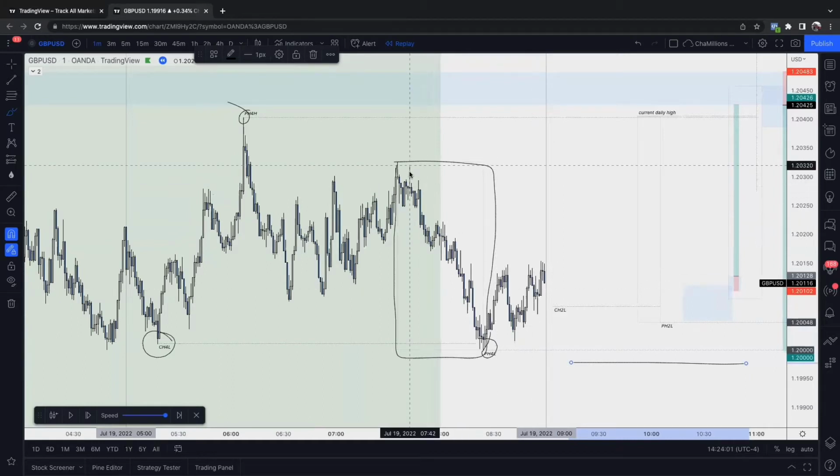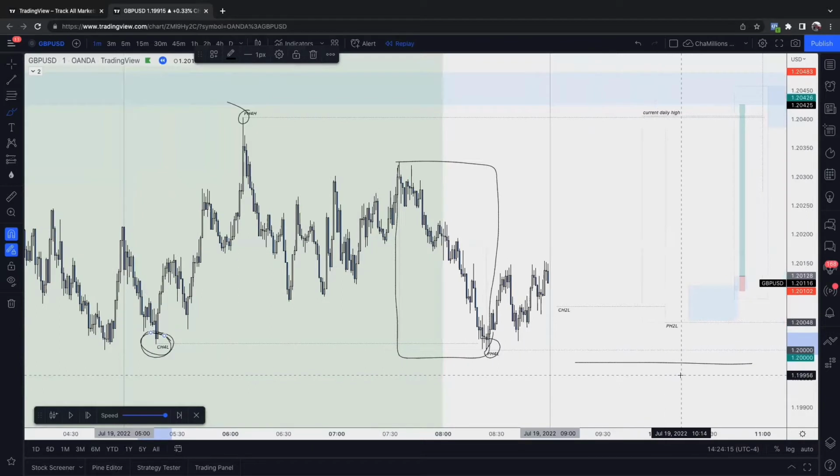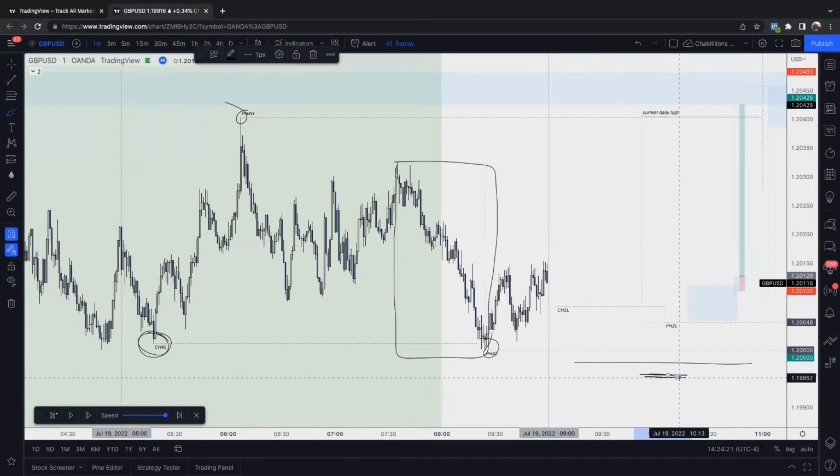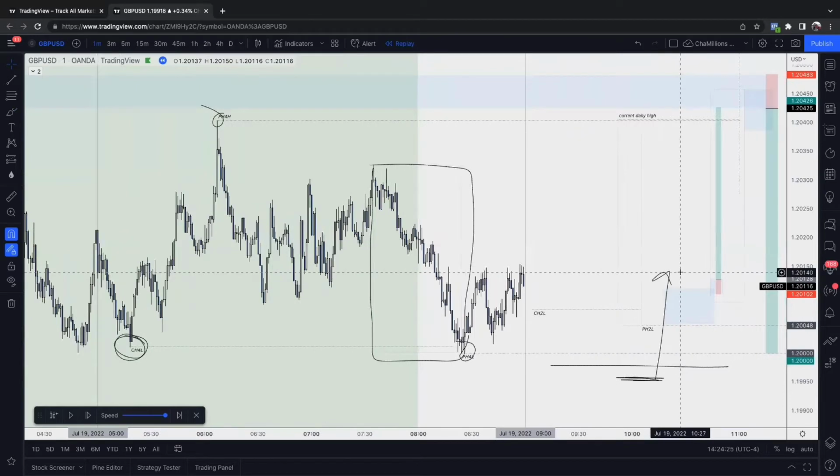Price trades down very inefficiently, and we go and sweep the current H4 low, right? Therefore, now when it comes to Forex timing, we would anticipate this next H2 candle to essentially close bullish, right?